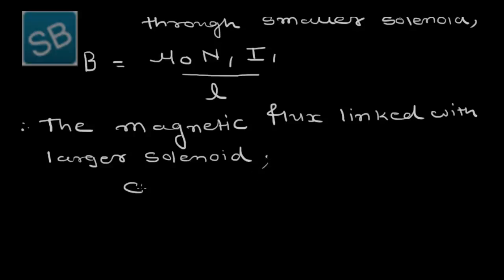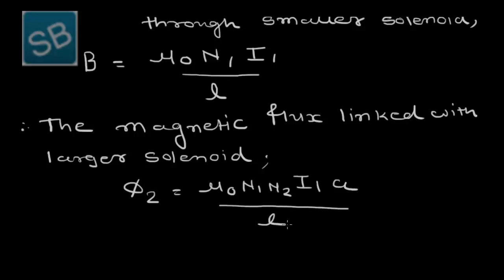Therefore, phi 2 is equal to mu 0 n1 n2 I1 into A divided by L. See, this A shows the area of the larger solenoid.